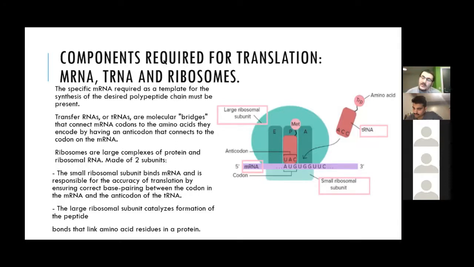The small ribosomal subunit has the more intricate function of reading the mRNA and overseeing the accuracy of the base pairing when the tRNA binds to the mRNA with anticodon-codon interaction. It's responsible for overseeing the accuracy of this, because you don't want to get any mutations here, and also for reading the mRNA.